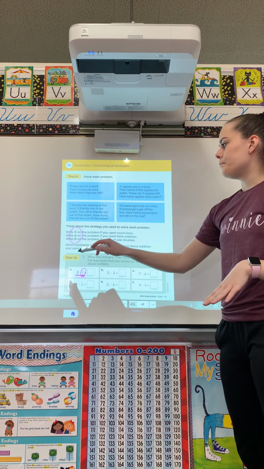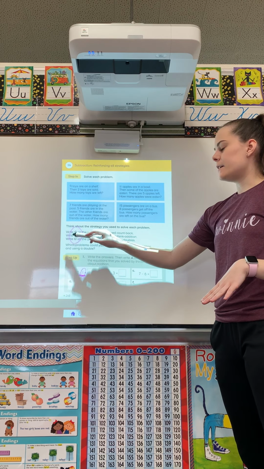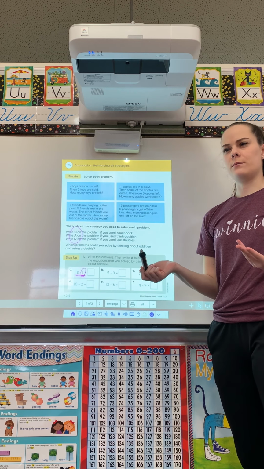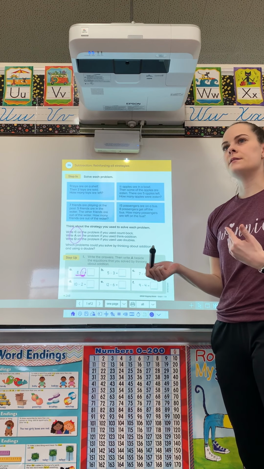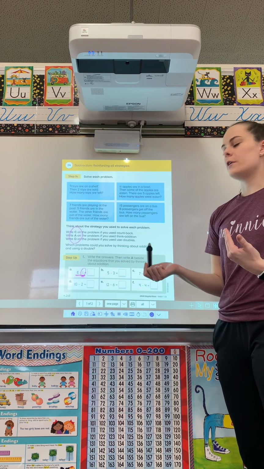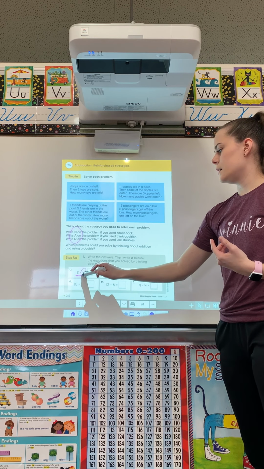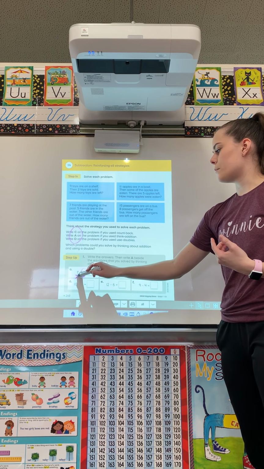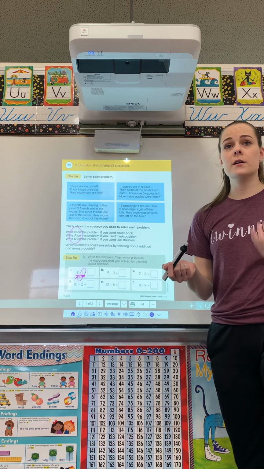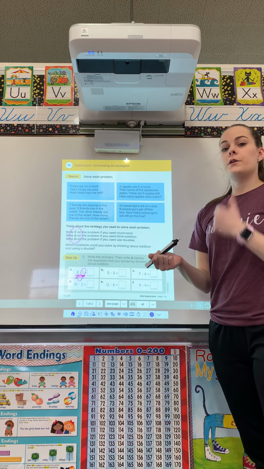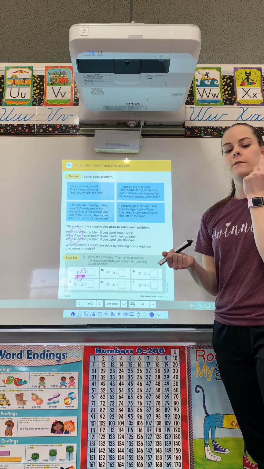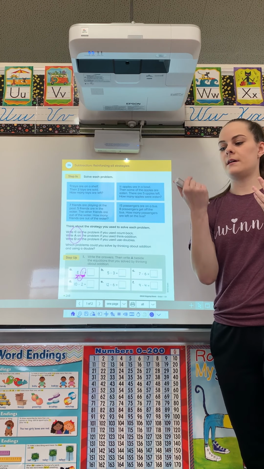I think, okay, would I add on to solve this problem? If I add on, it means I'm starting from the second number and I'm counting up to the first number. And I would go 1, 2, 3, 4, 5, 6, 7, 8.